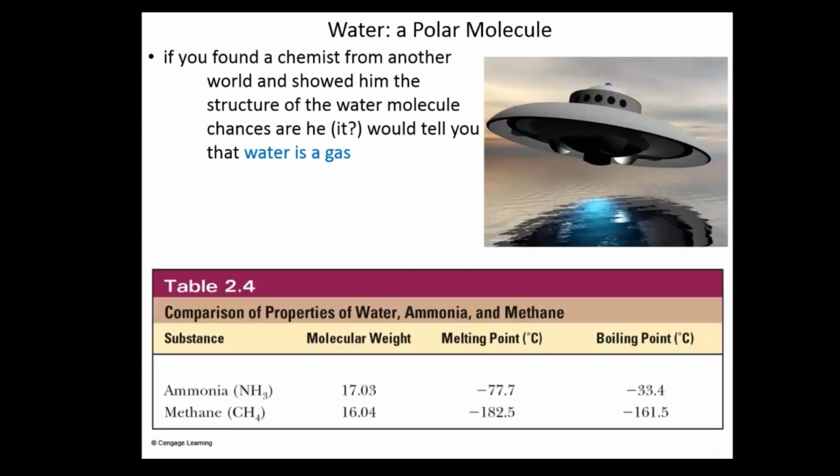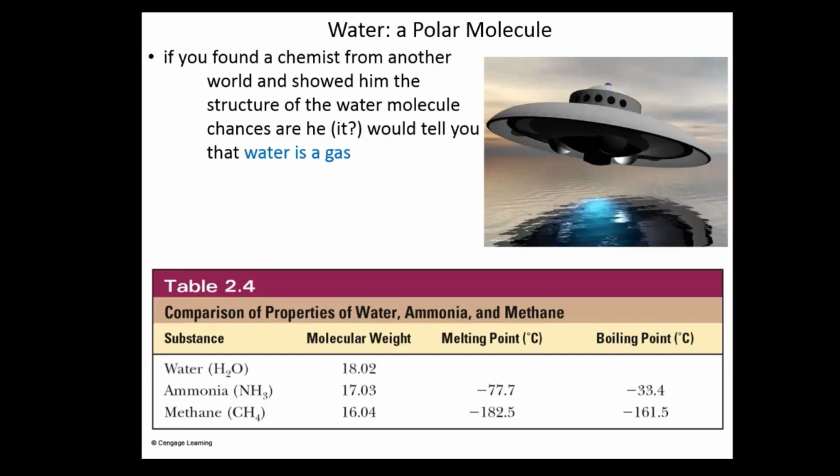Ammonia is NH3, whereas water is OH2, and methane, CH4. The molecular weight of ammonia is about 17 daltons. Of methane, it's about 16. The melting points are well below zero, and the boiling points are below zero as well. What that means is that ammonia and methane boil well below zero. So at room temperature, it's completely boiled off. It's a gas.